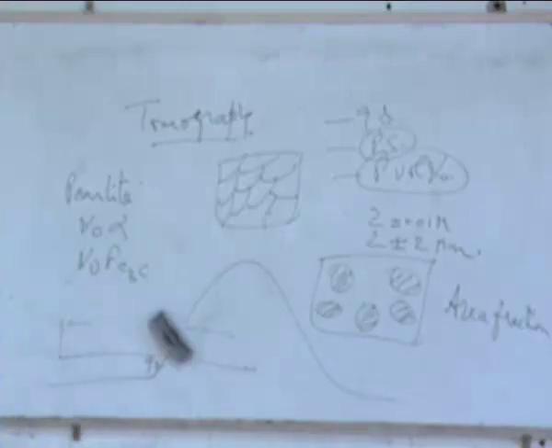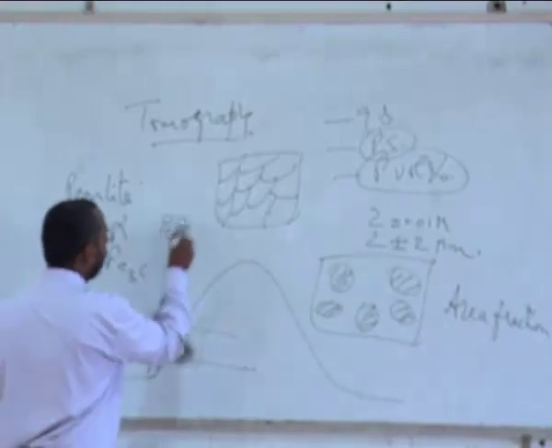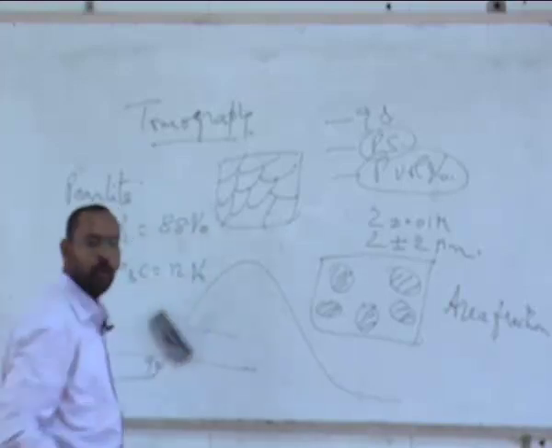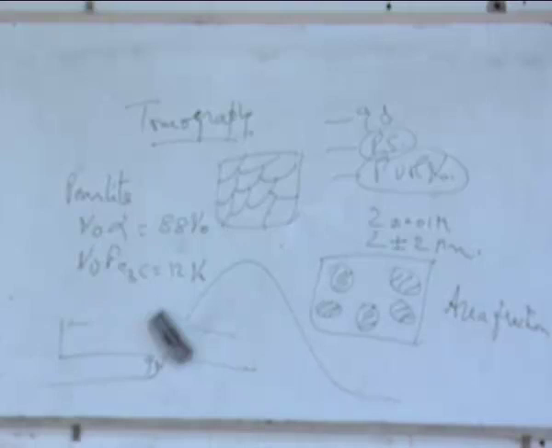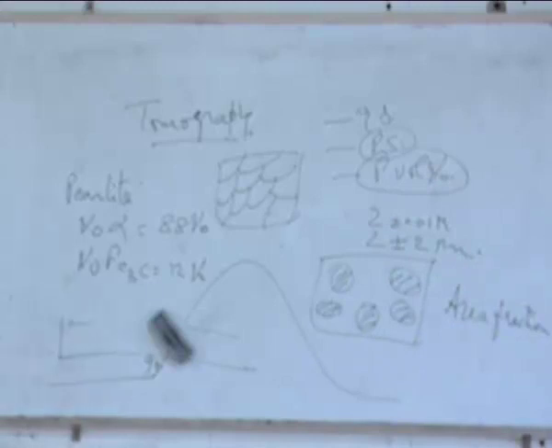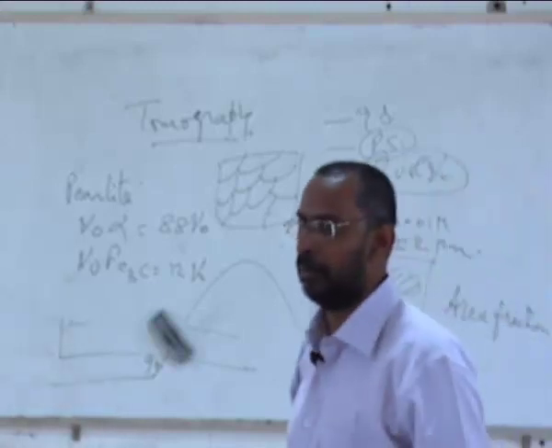So that means approximately 88% of this and 12% of this. What percentage is this? It is not composition. Please remember, that is something which all of you should know. Composition is different from amount of phase.